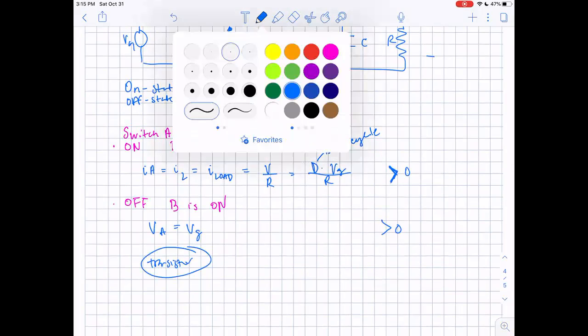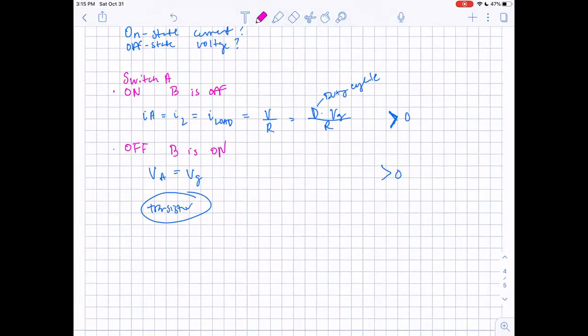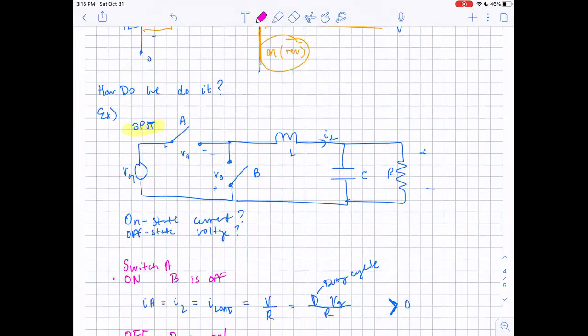This concept of choosing the device will become more clear once I do the second switch. So let's do switch B. Let's turn switch B on and then have A off. Now we know that the current going through IB is going to be the same as the current through the inductor, right?